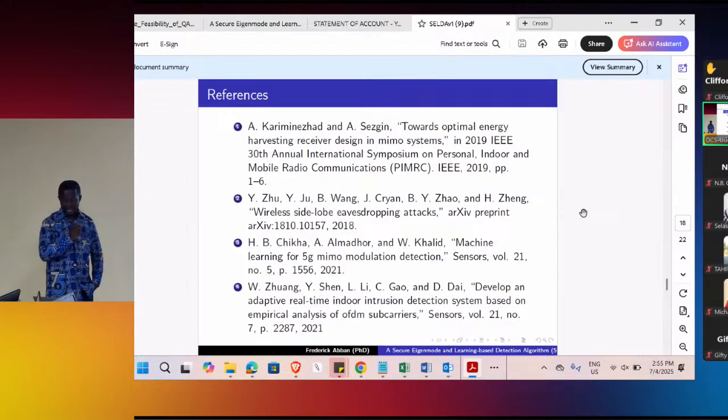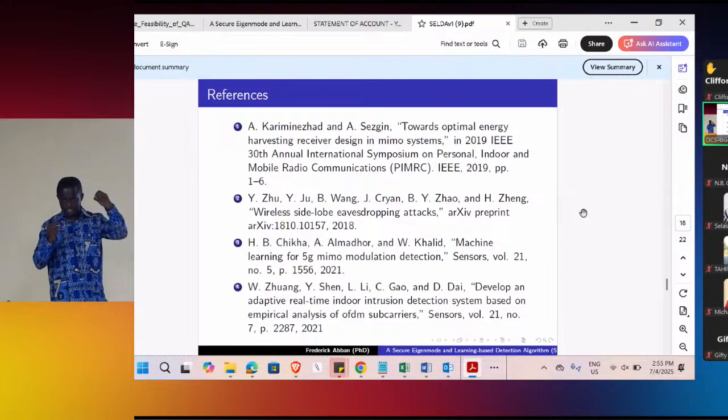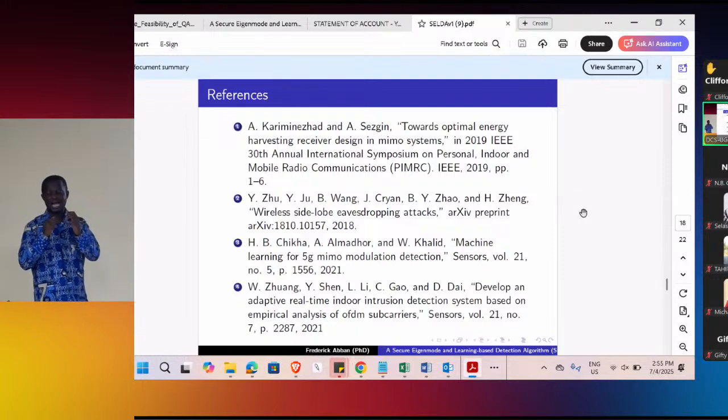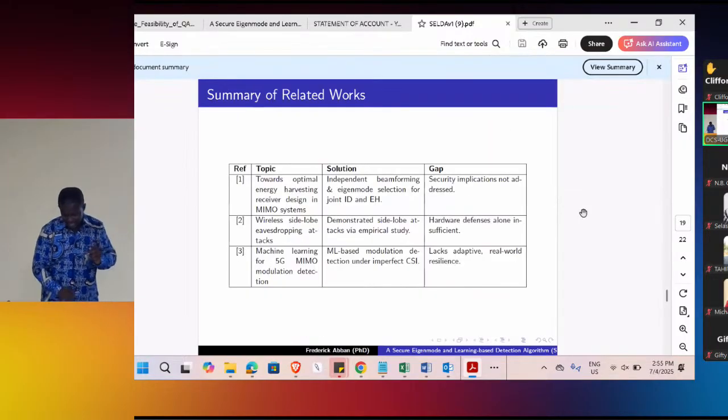In this paper, what they did was harvest the energy from the signals and look at how they can deal with intrusion in the signal without looking at the eigenvalues of the signal.